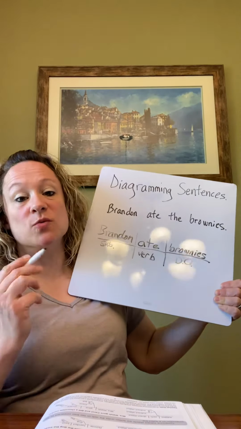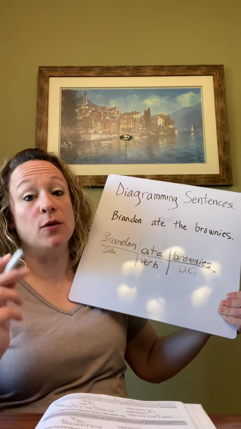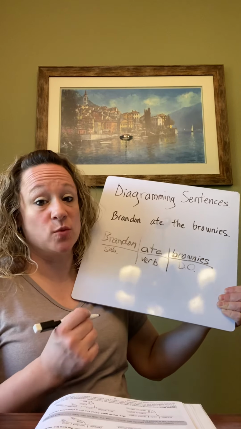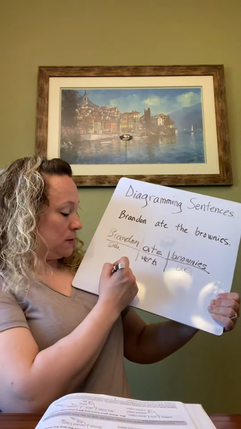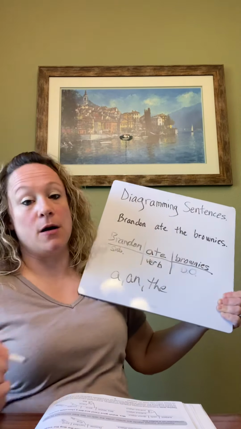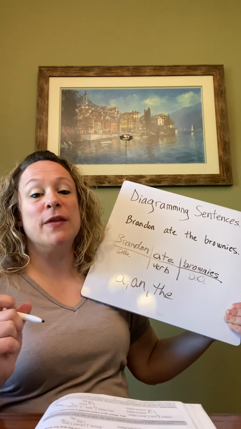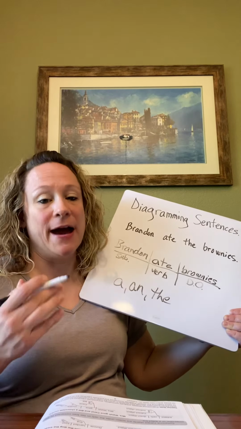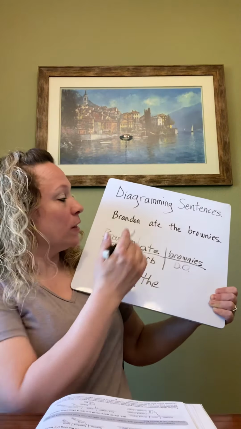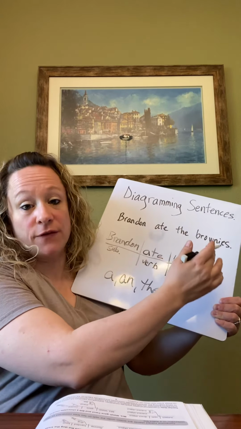Okay? But there's one more word in this sentence, the word the. A, an, and the serve as what's called articles. So a, an, and the are articles, okay? But they can also be considered adjectives because they're helping describe a word, okay? So the would be an adjective for brownies.